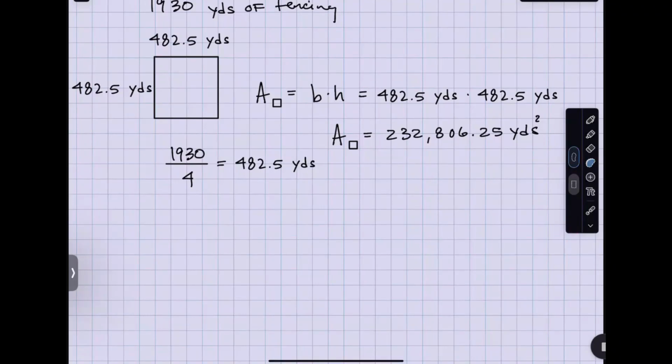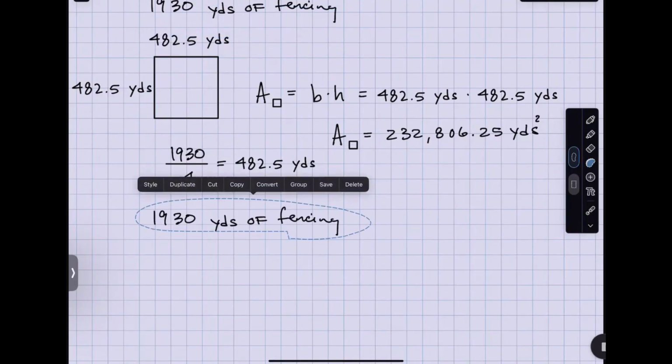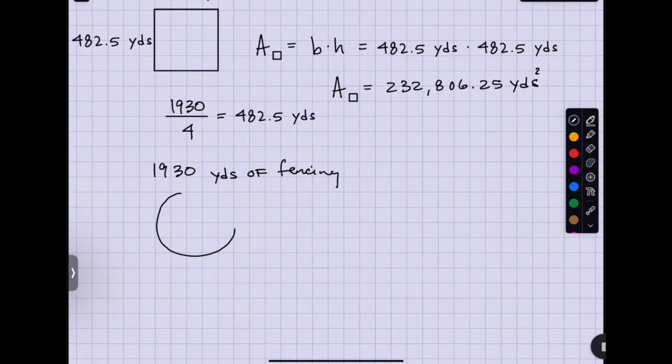So what if we did the same thing, but for a circle? If I have 1,930 yards of fencing and made a circle, what does that cover on the circle?